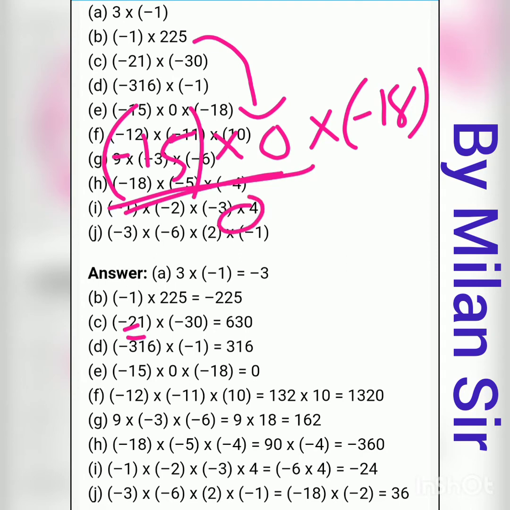If 0 is there, the answer of multiplication is always 0. Now if we multiply this 0 with minus 18, our answer is again 0. If one number is 0, then in multiplication we get the answer 0. Minus 15 times 0 is 0, 0 times minus 18 is 0, final answer is 0.